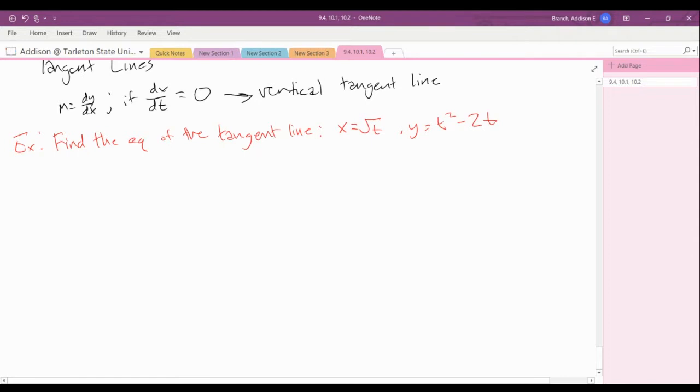We want to do this whenever t is equal to 4.